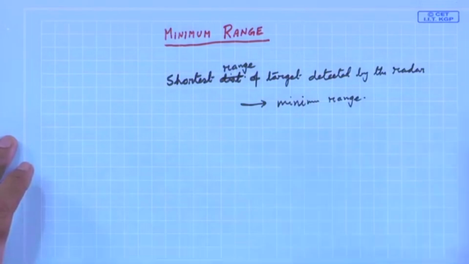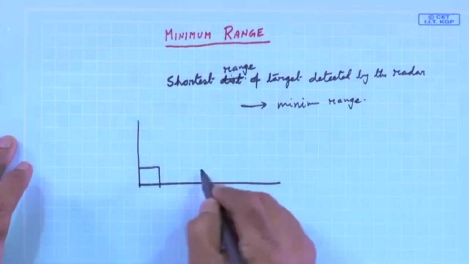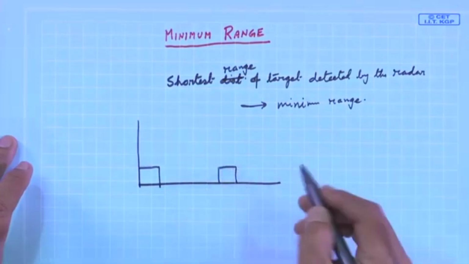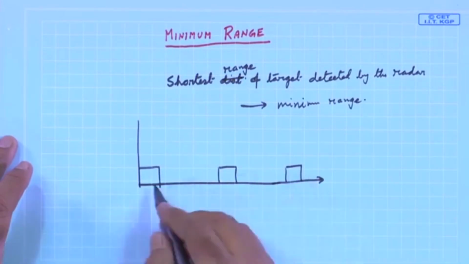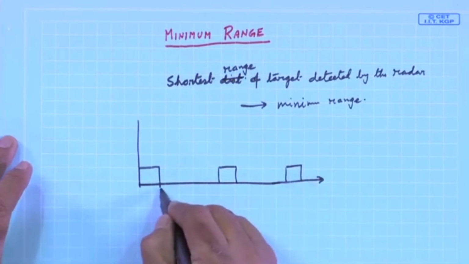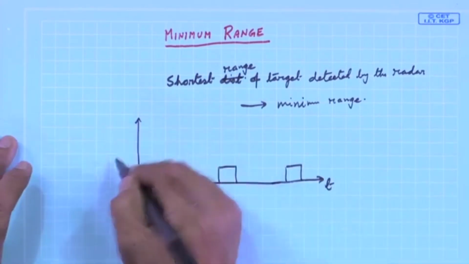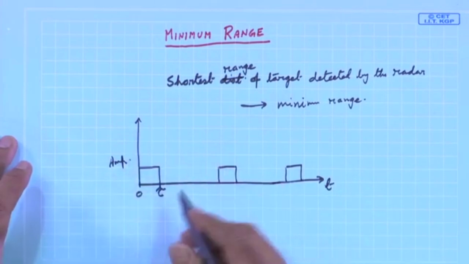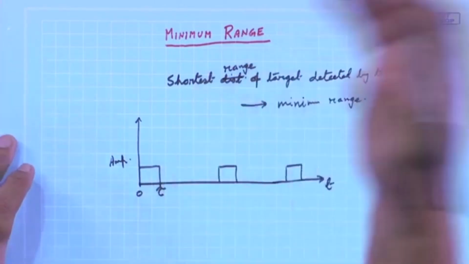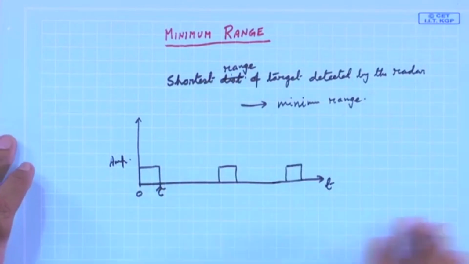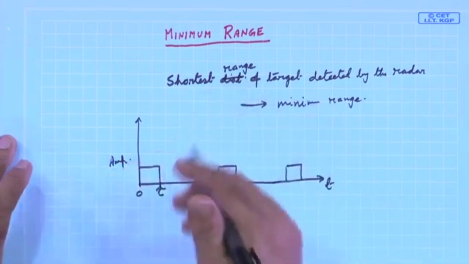Now, in a pulse radar, we have seen that we send pulses at a pulse repetition frequency. Let us say the on time of the pulse is tau, and this is the amplitude of the pulse. Please remember, I am giving a caution: a pulse cannot be transmitted at baseband. All these are basically RF signals whose envelope is like this.